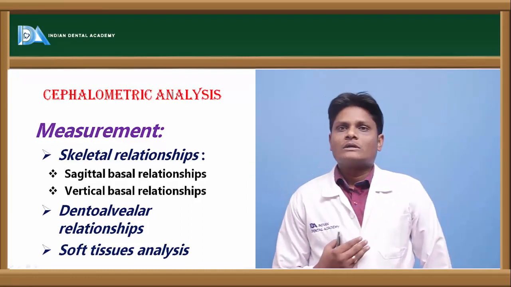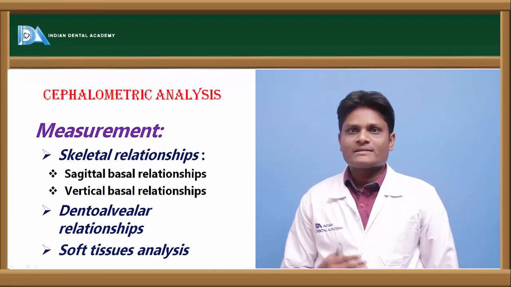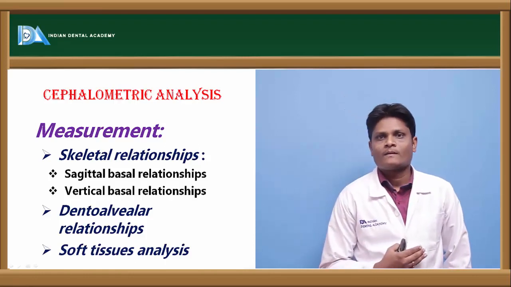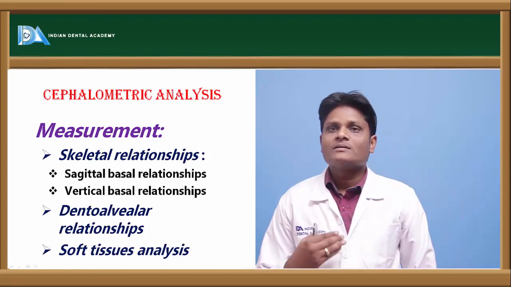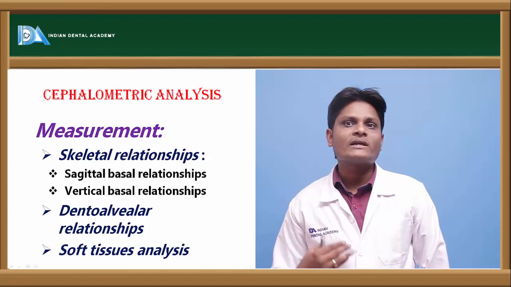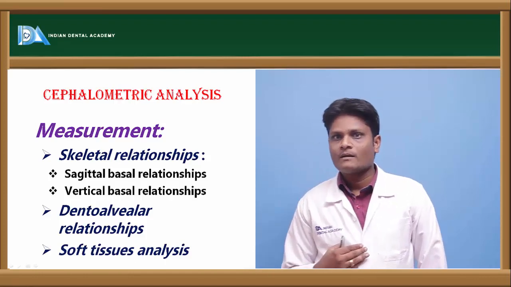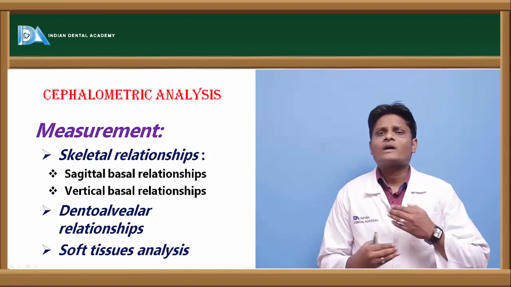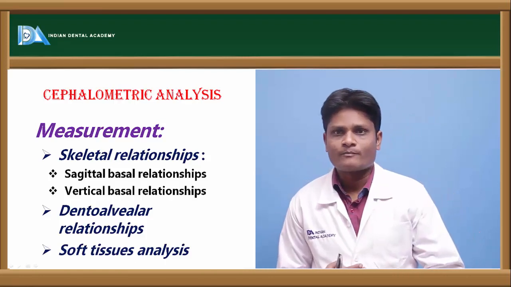Now we know different cephalometric landmarks and reference planes. Let us go into the cephalometric analysis, which is the important part of cephalometrics. Now, what are we trying to achieve by various cephalometric analyses?